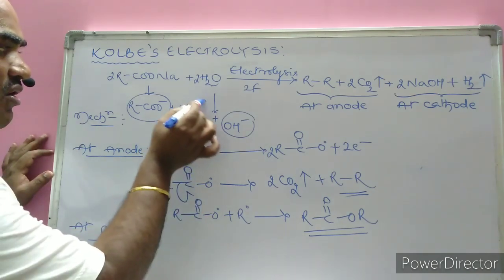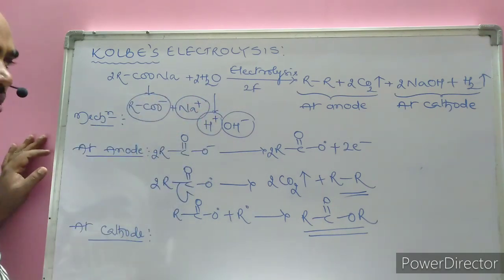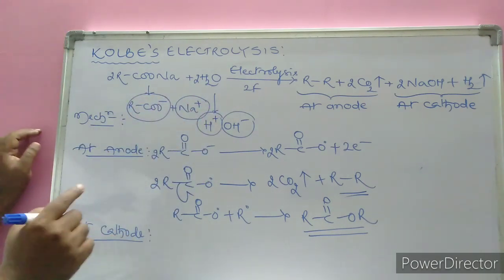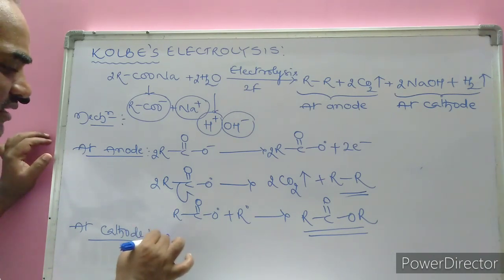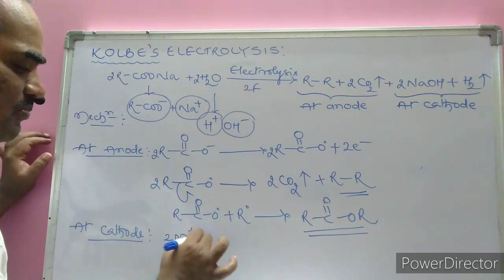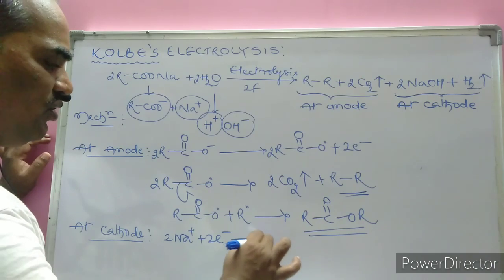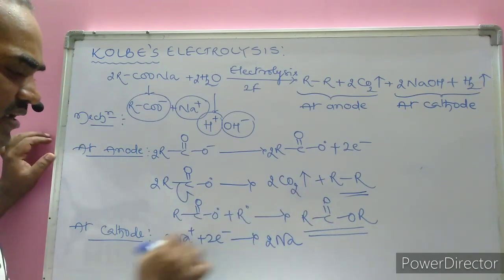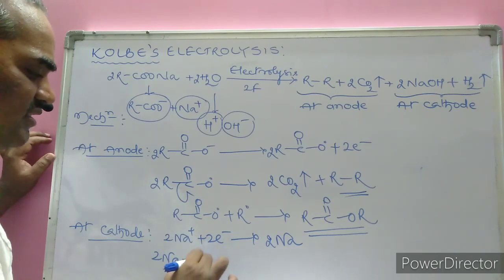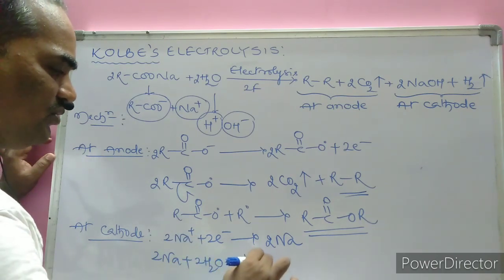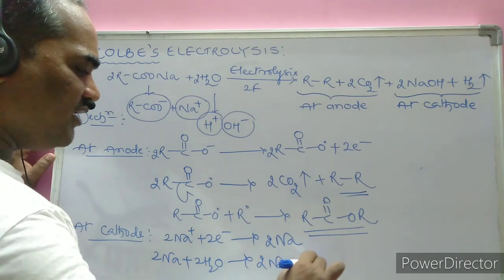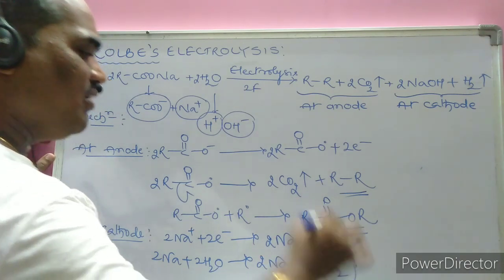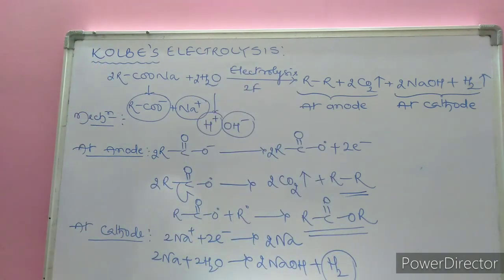Two cations are there, one is the Na plus ion and the H plus ion. We know well, the Na plus ion discharge potential is low, hence 2 Na plus plus 2 electrons gives rise to 2 Na. Then 2 Na on hydrolyzing with 2 H2O gives rise to 2 NaOH plus hydrogen gas liberated. Like this, it is a free radical mechanism which is followed by Kolbe electrolysis.